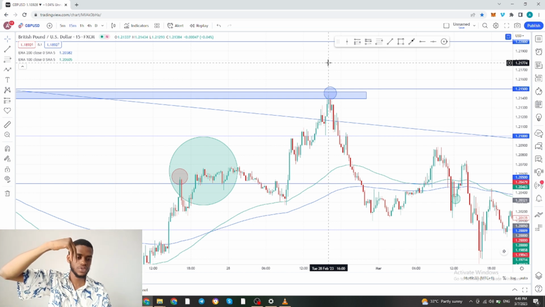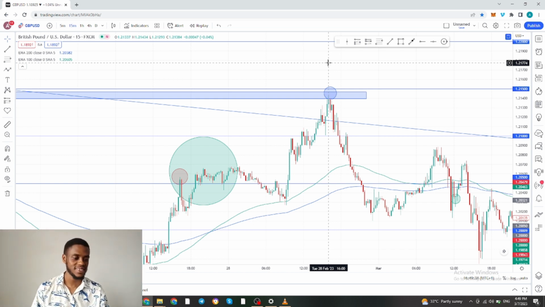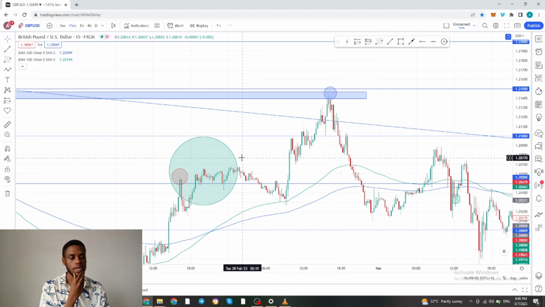So that's what they're gonna teach you guys. But after months of backtesting, after backtesting a whole lot of months in the market, I realized that price doesn't really do that much.